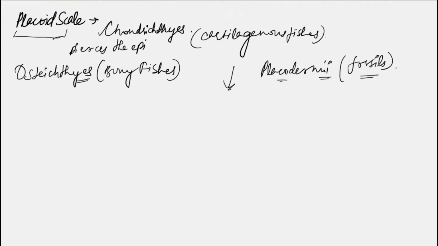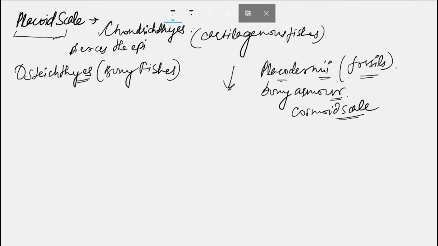The rest of the scales in bony fishes are believed to be derived from the bony armor of these primitive fishes. I've already told you the type of scale found in Placodermi. The scale was the cosmoid scale, and let's see a rough structure of the cosmoid scale, how it looks morphologically.